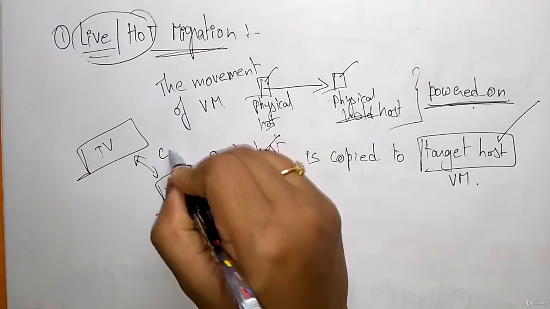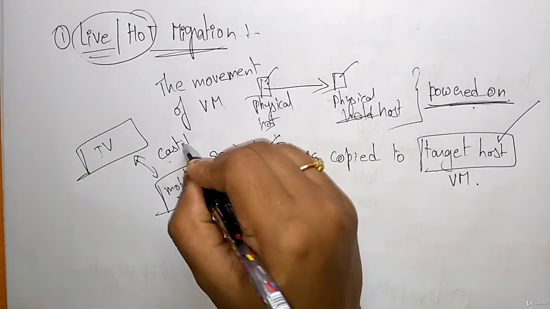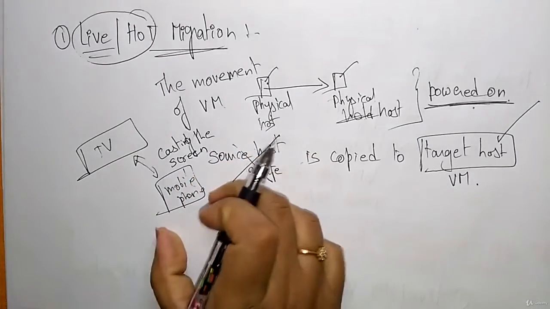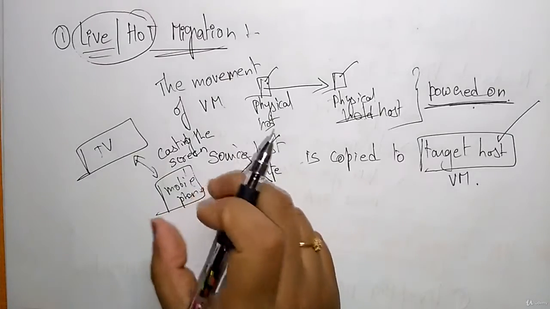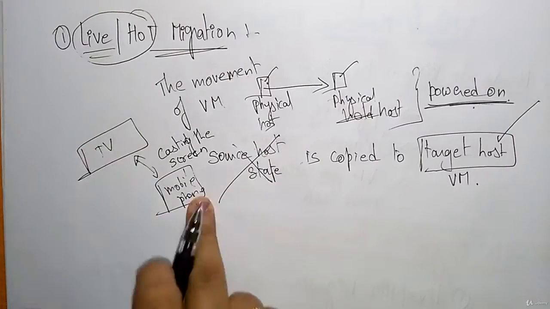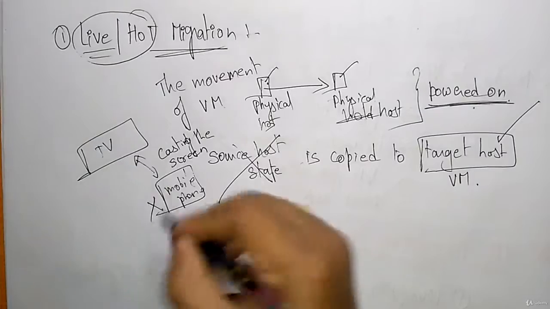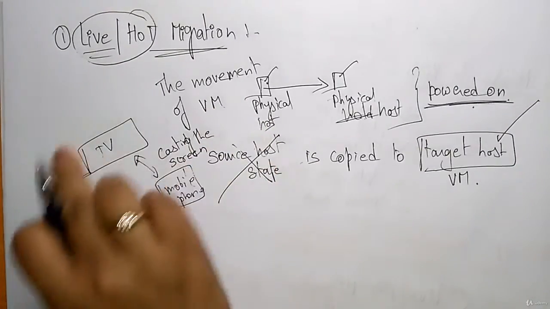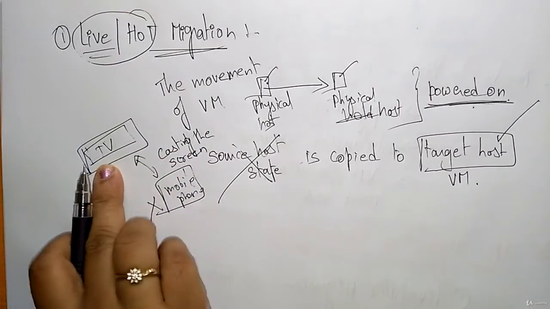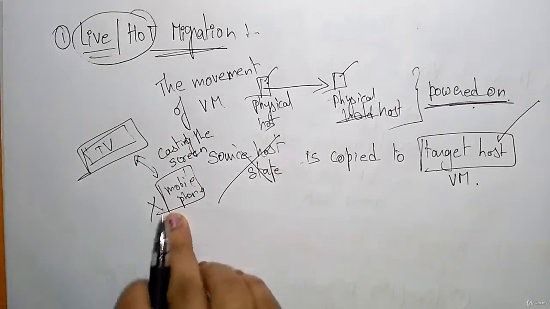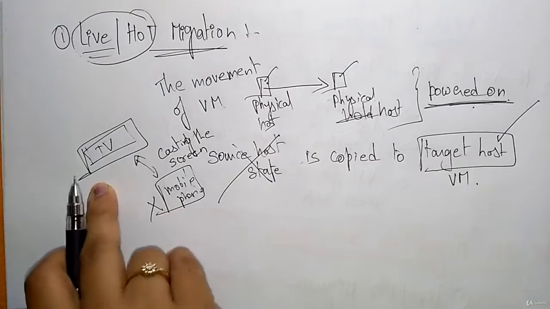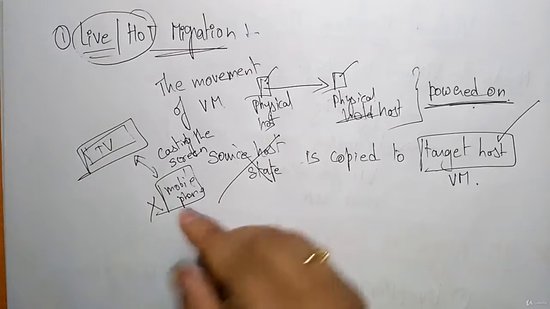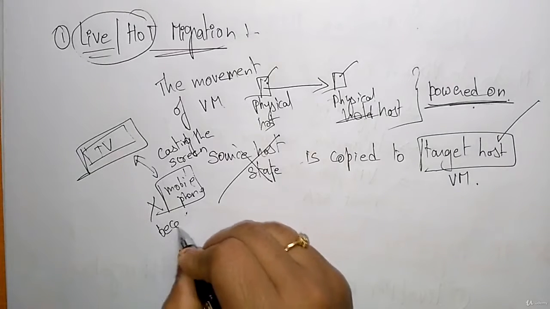You are casting the screen to your TV. Whenever you cast the screen, this mobile will be suspended, meaning it becomes hidden and everything will be shown on the TV. So this is the target host now. Here the phone is suspended and everything you are seeing is on the TV. While doing this, the mobile phone becomes very hot.